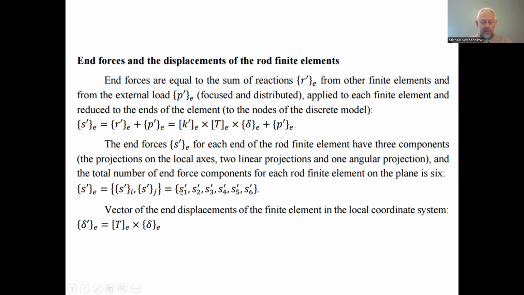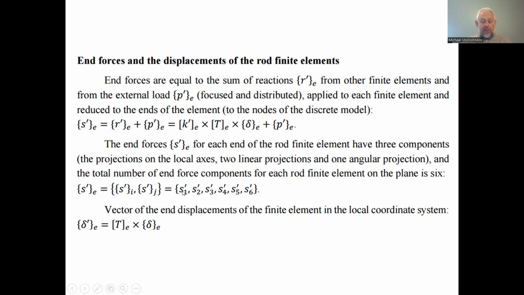One projection coincides with, or is parallel to, the abscissa axis. Another component in the local coordinate system is along the ordinate axis. The ordinate axis is perpendicular to the abscissa axis, and in the local coordinate system we indicate it by a stroke.